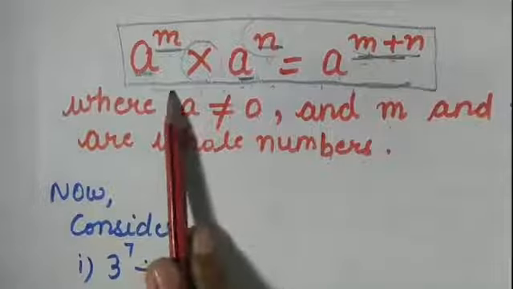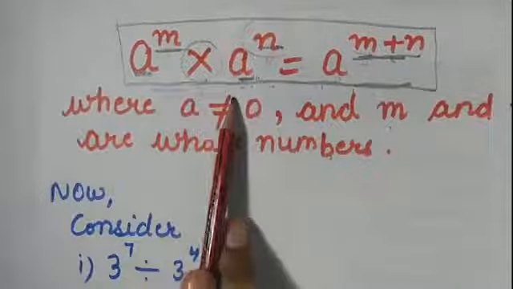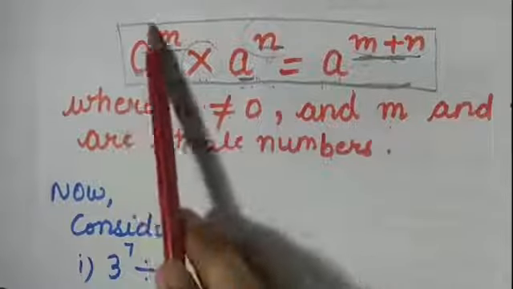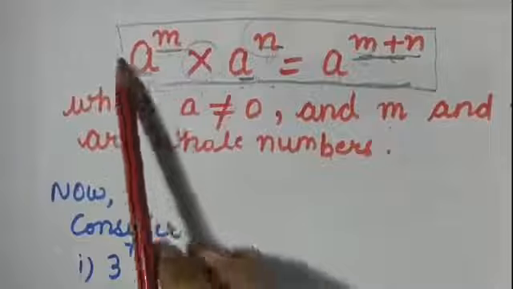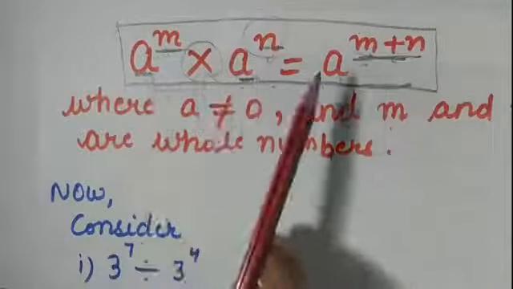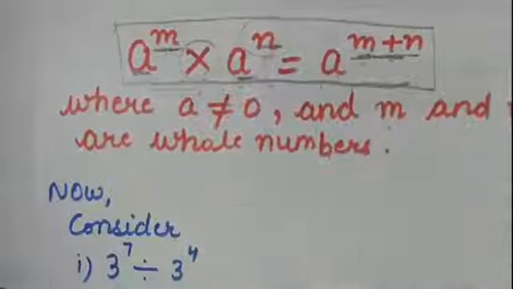This law is known as multiplying powers with the same base. We are multiplying exponential numbers having the same base.